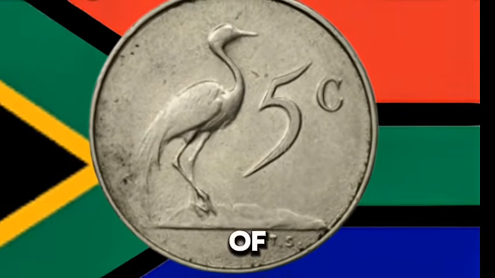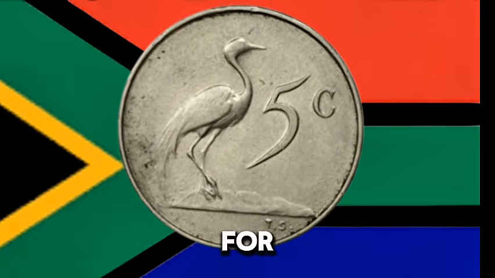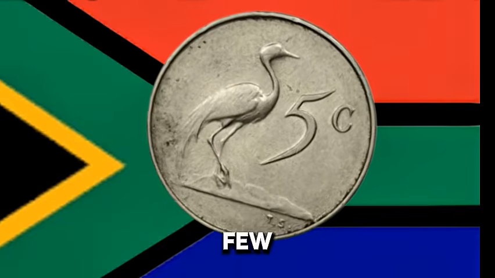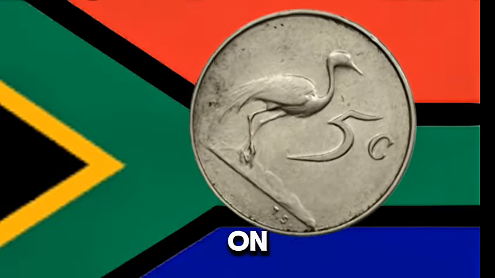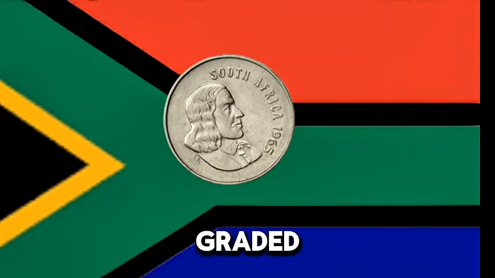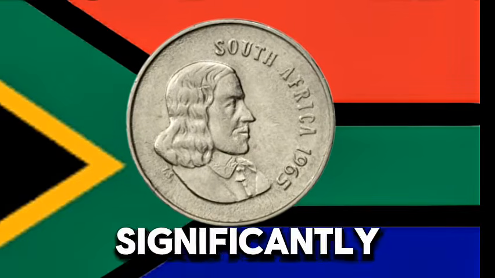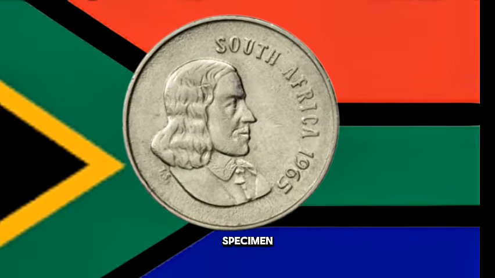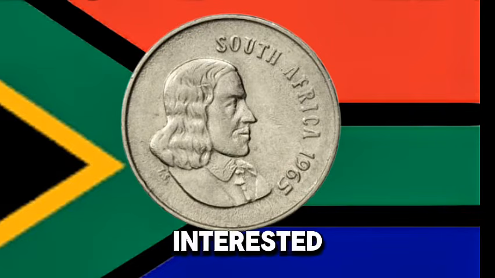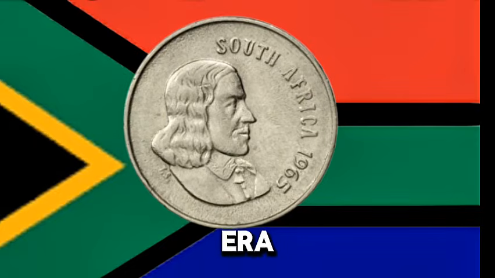What is the value of a 1965 South Africa 5 cent coin today? For an average circulated coin, the value may be as modest as a few cents or dollars, depending on the condition. However, in mint state, especially those graded MS 65 or higher, the value can rise significantly. A top condition specimen of this coin can fetch up to $250 from interested collectors, particularly those who focus on African or colonial era coinage.